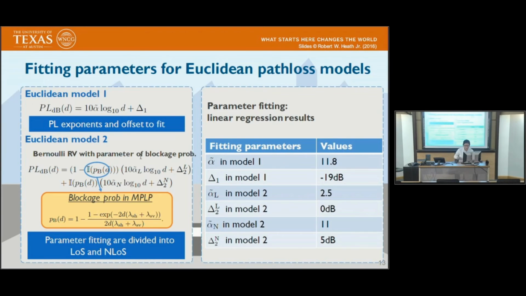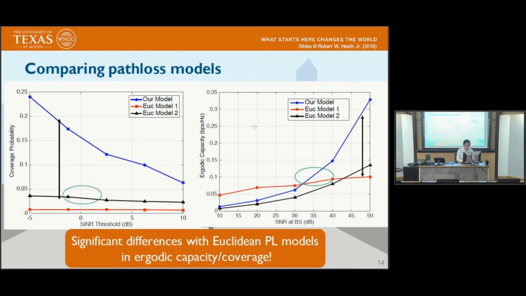And we finally got the results of the parameter fitting by linear regression. Based on these derived parameters, we compared the pathloss models of our model and the Euclidean model, both in coverage probability and ergodic capacity.